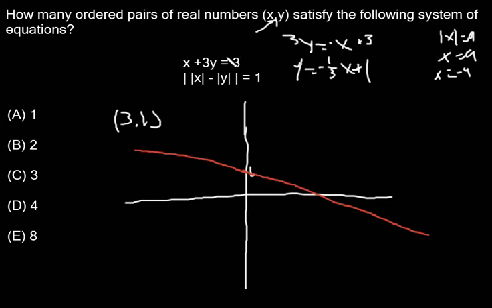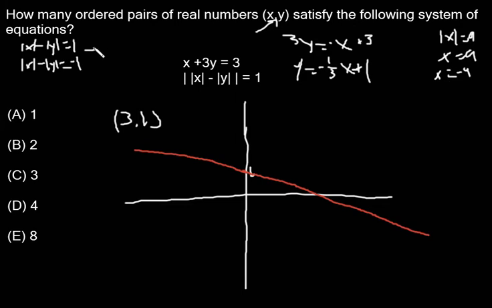Alright, so let's work this out now. Let's start with this first absolute value one first. So we have the absolute value of x minus the absolute value of y is equal to 1, following this one right here. And then we also have the absolute value of x minus the absolute value of y is equal to negative 1. Now we want to isolate y on both sides of the equation, right?